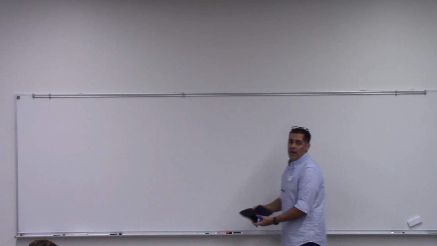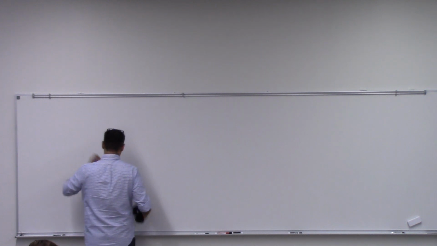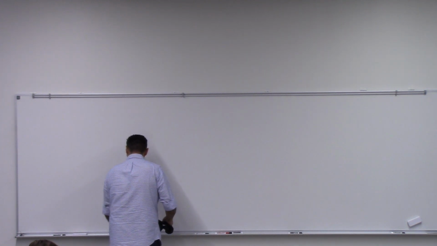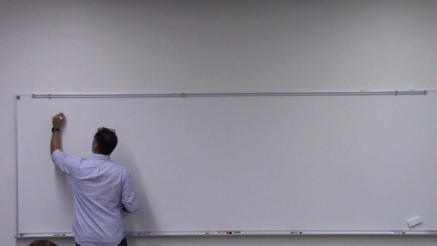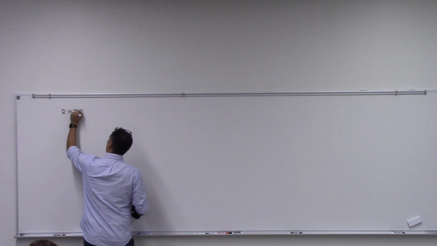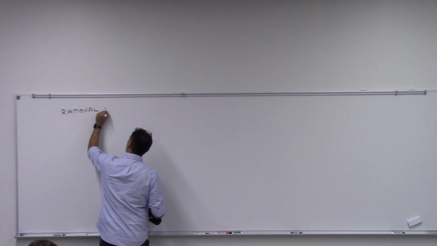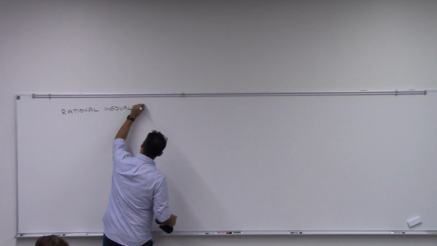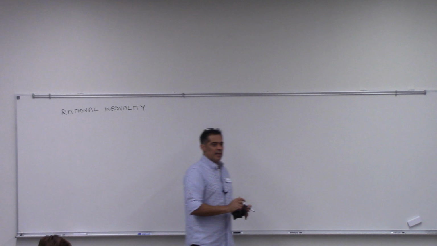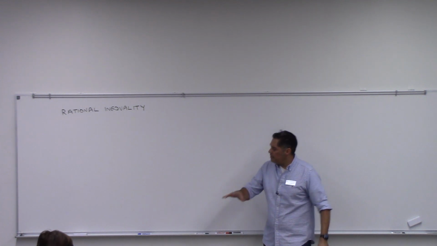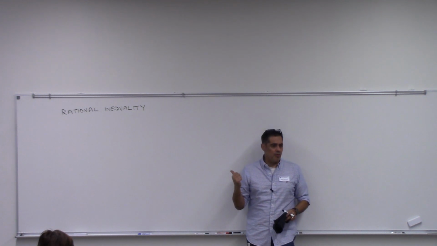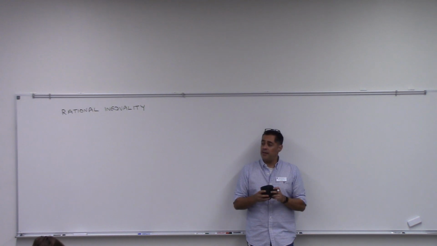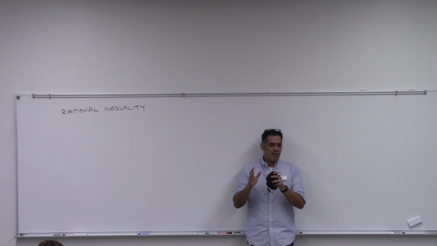All right, let's try a rational inequality. So here's the deal with the rational inequalities. Let me take one step back. When we just did polynomial inequalities, I first showed you that we do the same approach for each one.